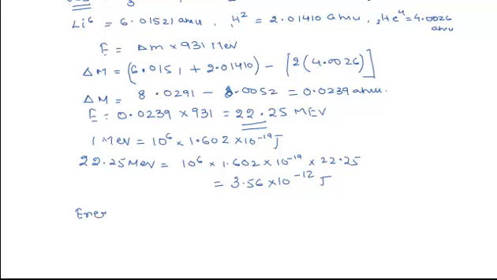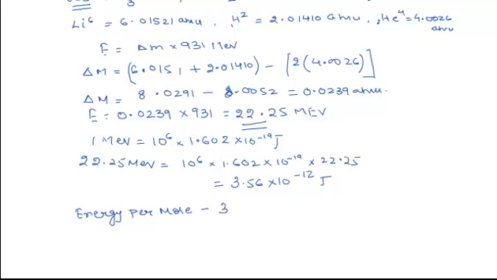So, energy per mole. Right? In 1 mole, how many particles are there? 6.023 into 10 to the power 23.